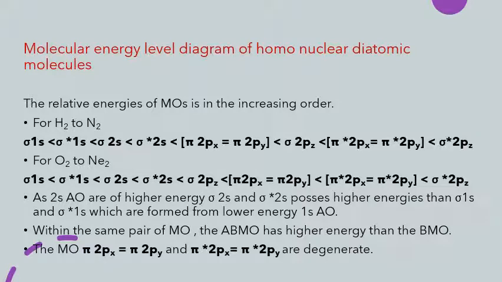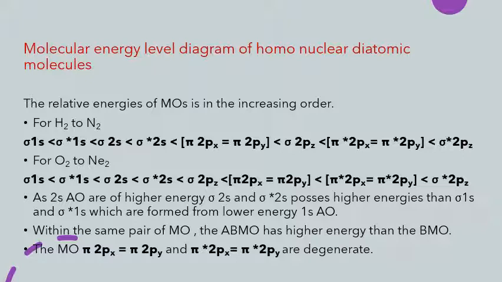Now let us see the molecular energy level diagrams of homonuclear diatomic molecules. The relative energies of all the molecular orbitals are in increasing order, as we have seen already. But in some molecules the order has a slight variation.